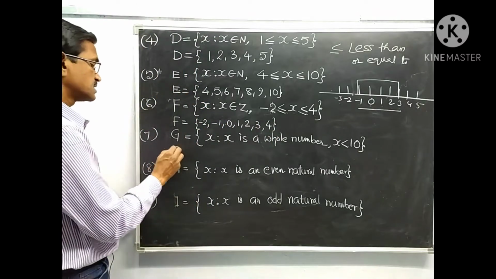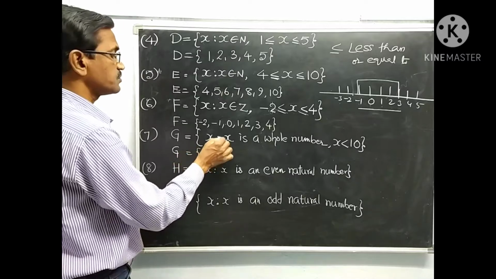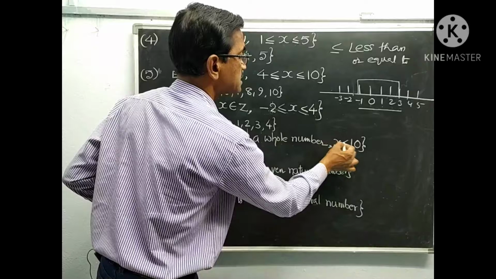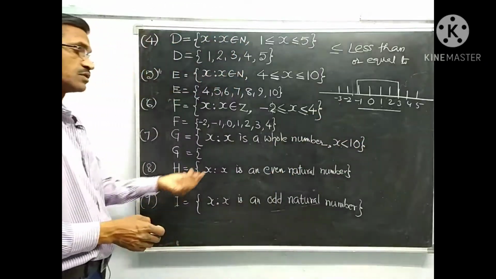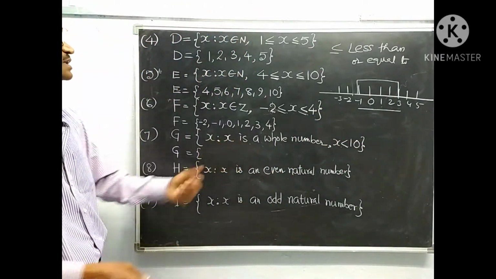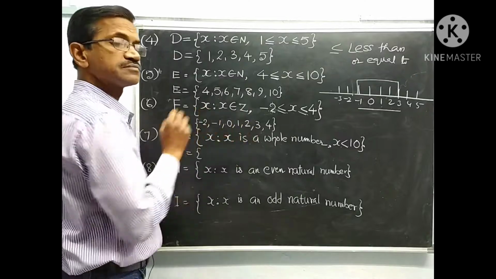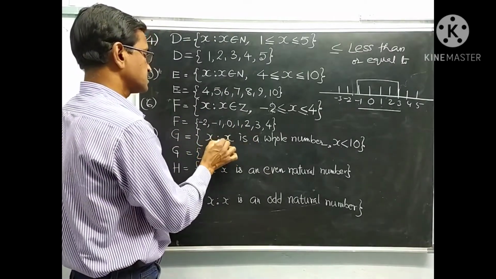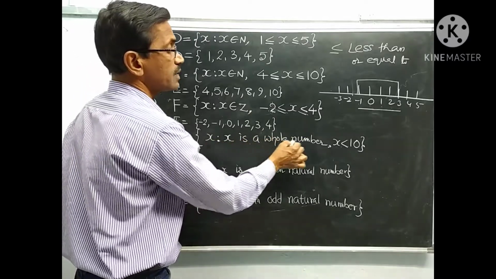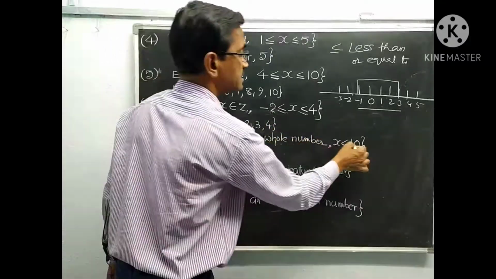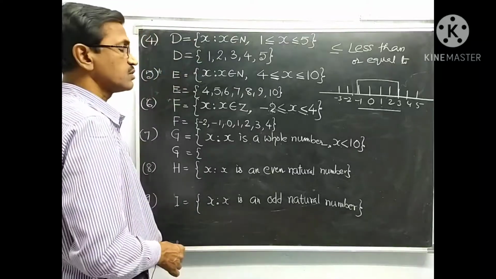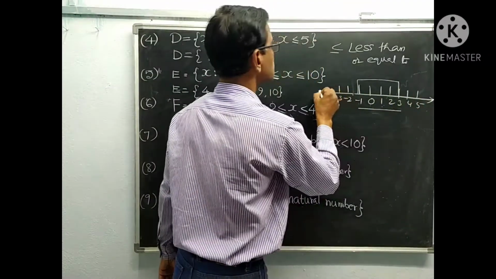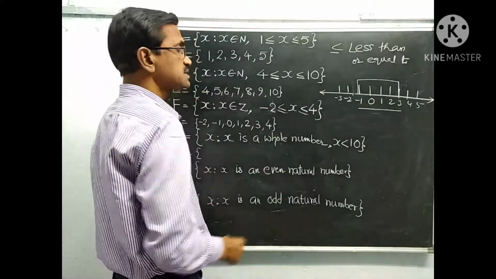Next, the 7th one, G is equal to x such that x is a whole number and x less than 10. Sometimes the question may be given like this also. Instead of x belongs to N, the words may be written like this: x is a whole number and x less than 10. We know what whole numbers are. Natural numbers including 0 are called whole numbers.